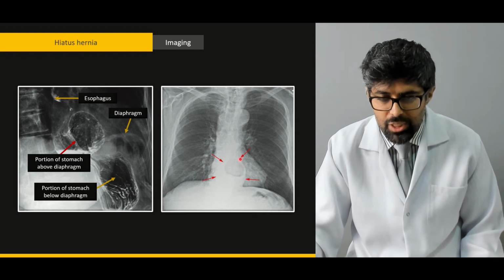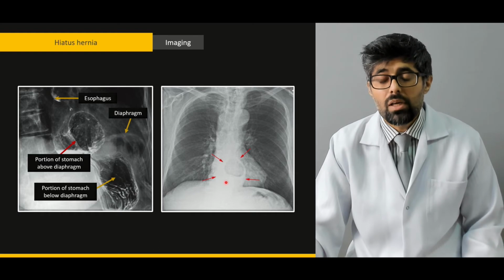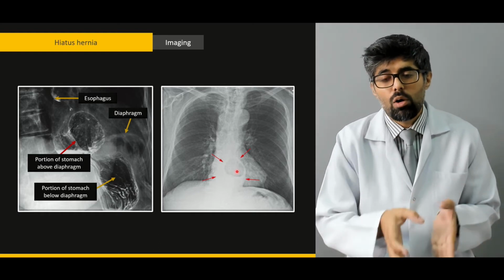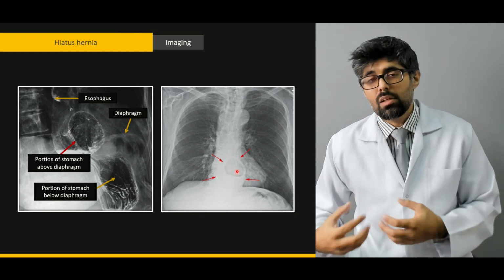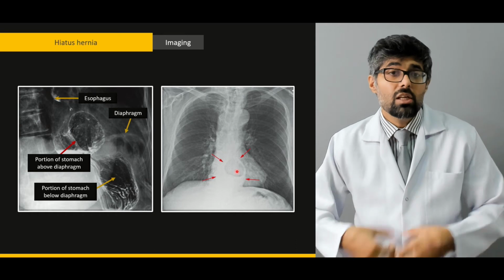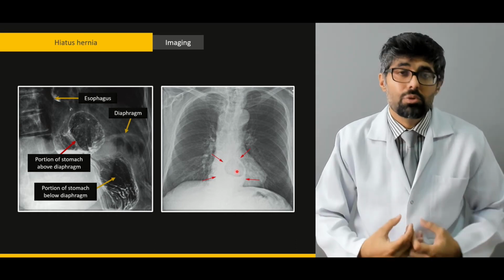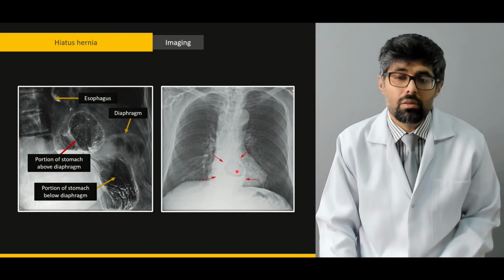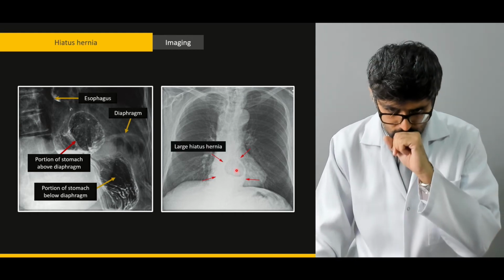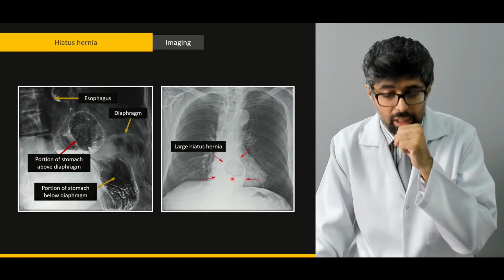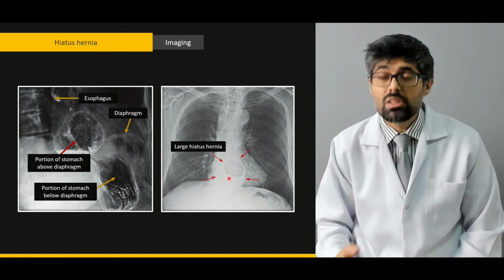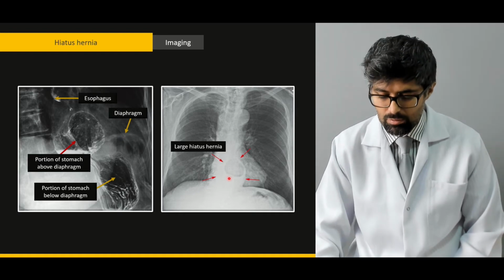Now, this object, which is circular behind the heart, is actually indicative of hiatal hernia, that the stomach has moved from abdominal cavity into the thoracic cavity through the diaphragmatic opening. Now, small hiatal hernia are not visualized on the chest X-ray, but large ones can be visualized.